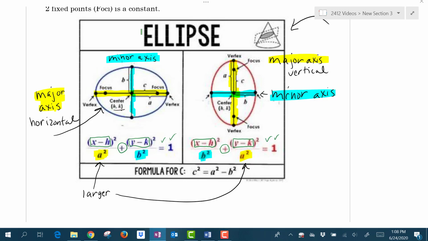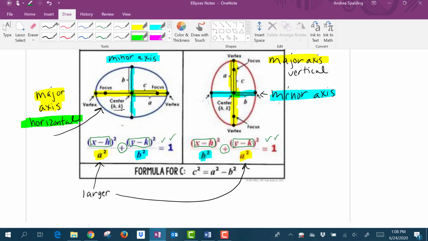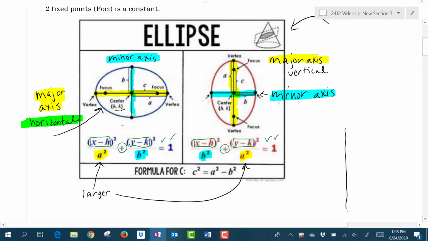Okay, so that information is actually going to come from the fraction and the denominator. So if the major axis is horizontal, think about which axis, when we're graphing, is horizontal. We're going to relate it back to something we're already familiar with.